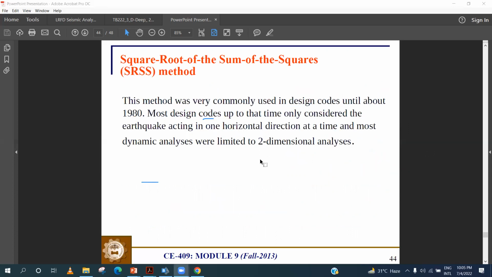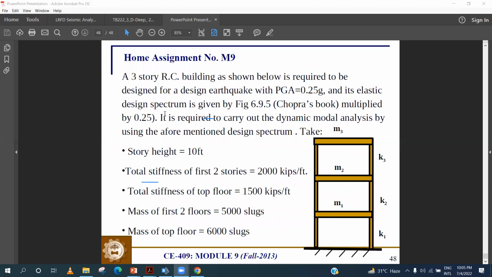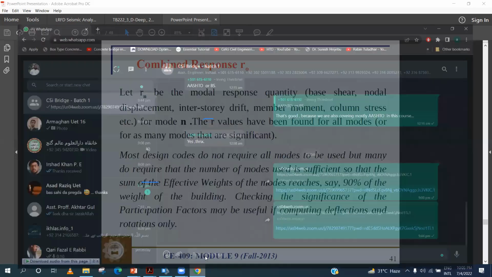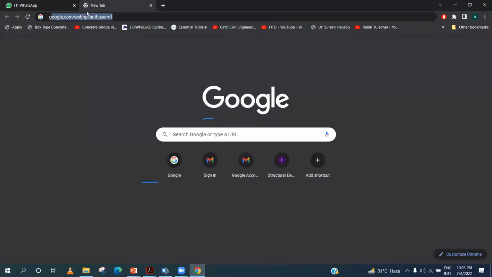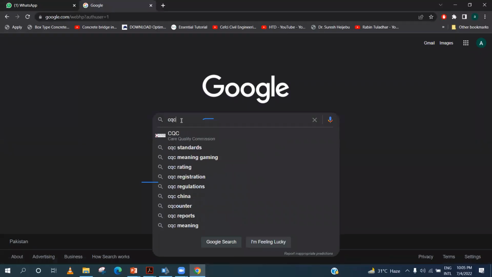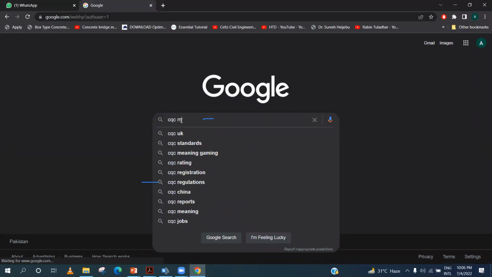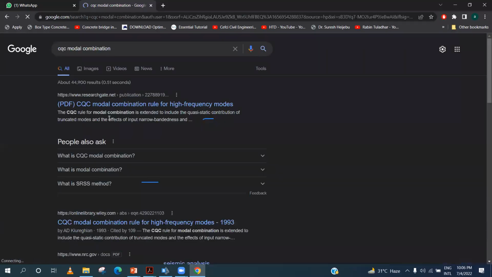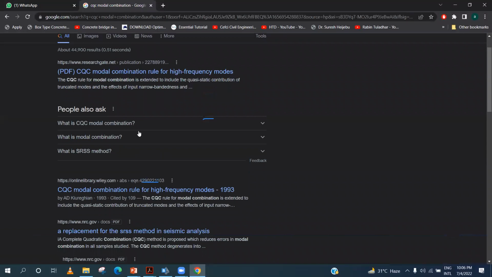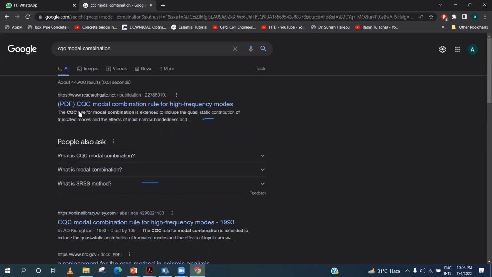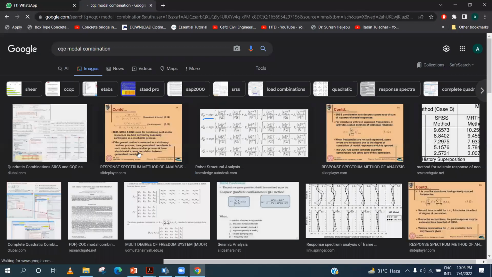The other one is the CQC, which is not mentioned here. So I will search Google for CQC modal combination. It is the complete quadratic combination.